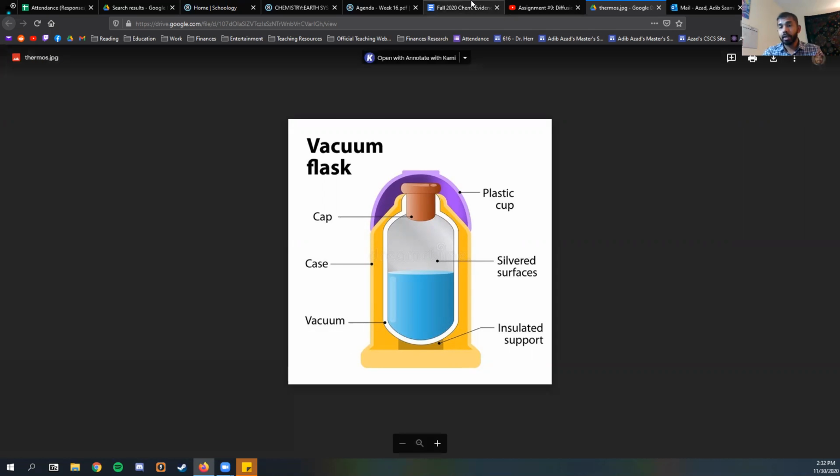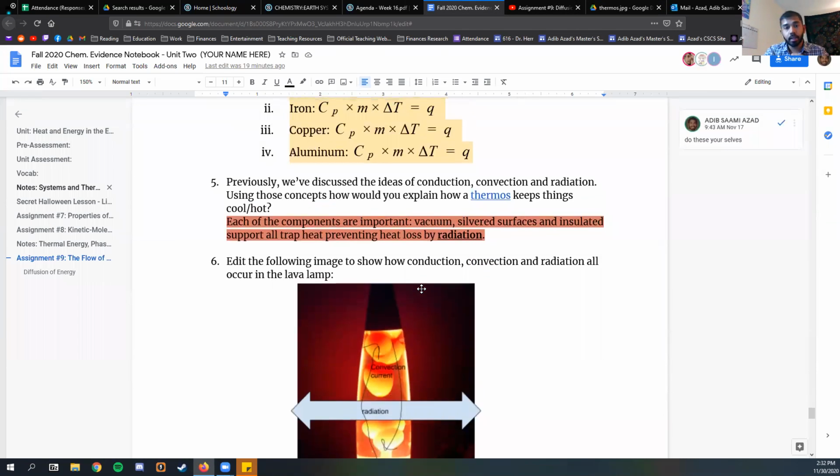The idea behind a thermos is that we're preventing heat loss. We're preventing conduction, convection, and radiation from affecting the temperature of our liquid. We prevent heat loss through radiation by trapping that heat inside. So the vacuum and that silver surface all work to reflect heat back into our liquid and create our convection current here, and so the temperature always maintains its desired temperature.